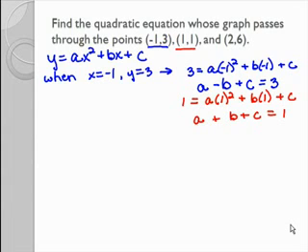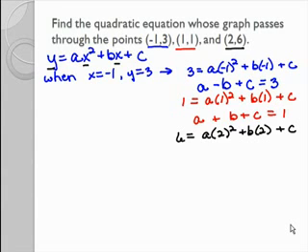And then our last one, we're going to plug in the 6 for the y and the 2 for the x's. So we get 6 is equal to a times 2 squared plus b times 2 plus c. So that gives us 4a plus 2b plus c is equal to 6.